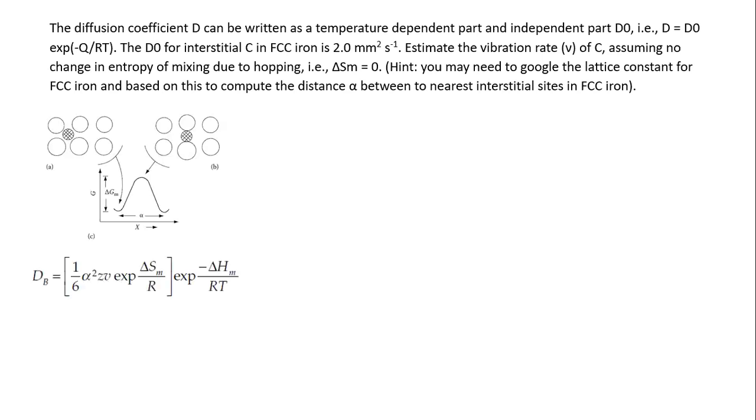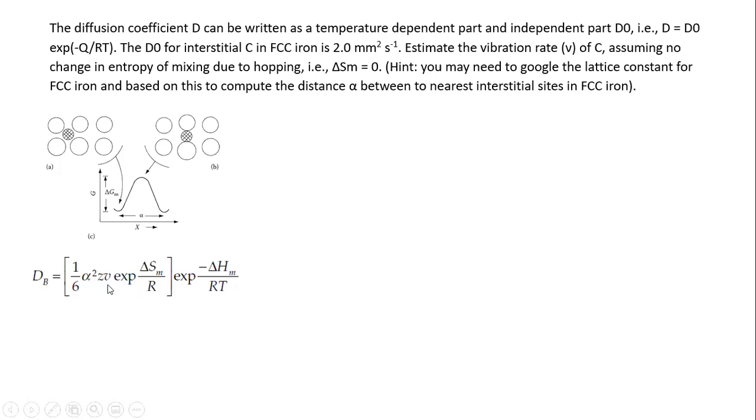And the equation we're going to be using is this diffusivity, right? This part is what we call D naught, and this part is the temperature dependent term. In this particular problem, we didn't have to worry about this because I give you the value for D naught and ask you to estimate the vibrational frequency, this nu right here.